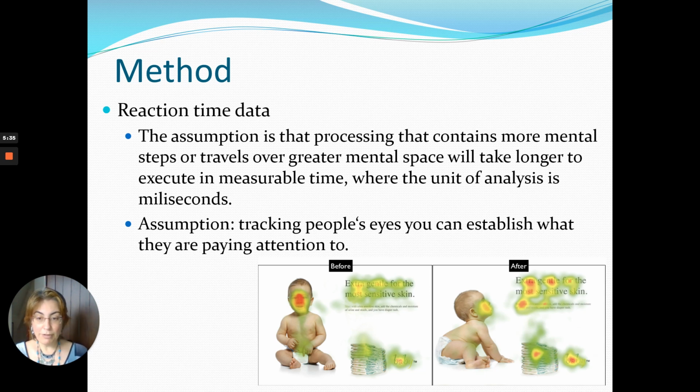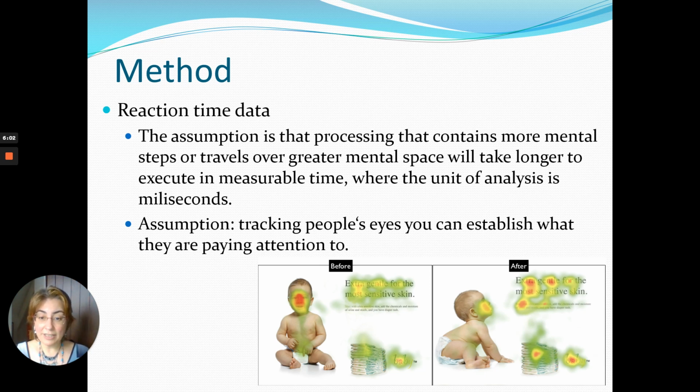So just by modifying that and then tracking people's gaze, they could see which of the ads was more effective in this particular campaign. Okay, so why is that relevant for us? Because you can track what people are doing mentally, for example, paying attention, by tracking their eye movements.